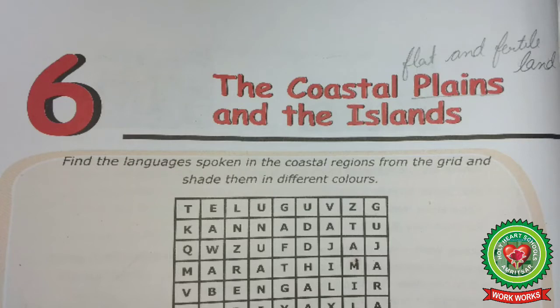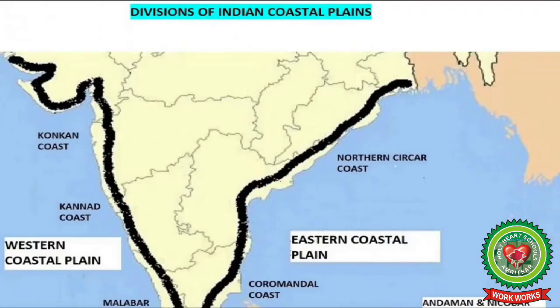In this chapter we will study one of the physical features of India, that is the coastal plains of India and the islands. The coastal plains of India lie on either side of the peninsula, in the middle of the western and eastern coasts of India. Coastal plains are divided into the western coastal plains and the eastern coastal plains.